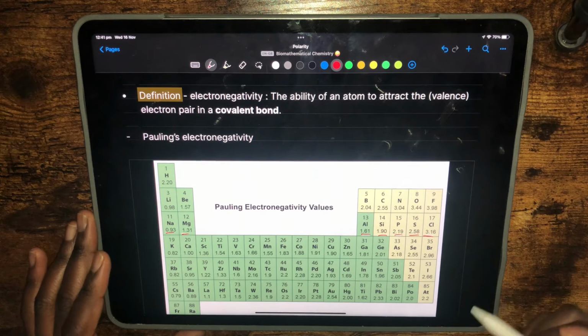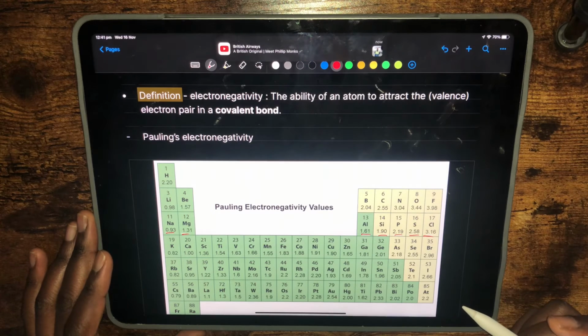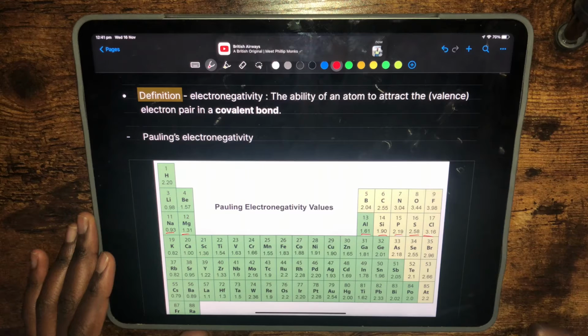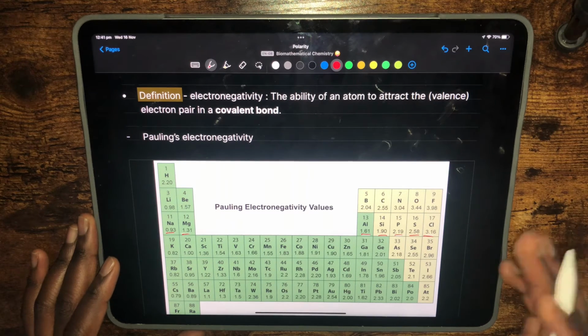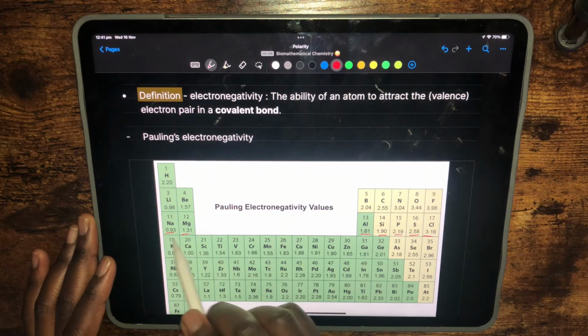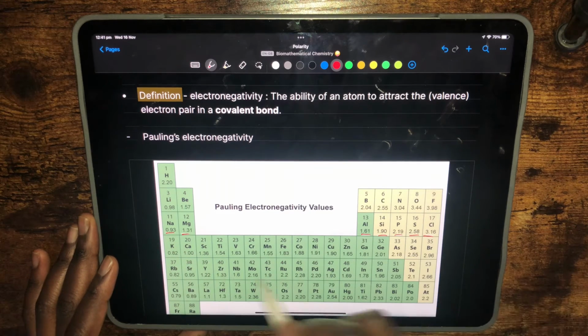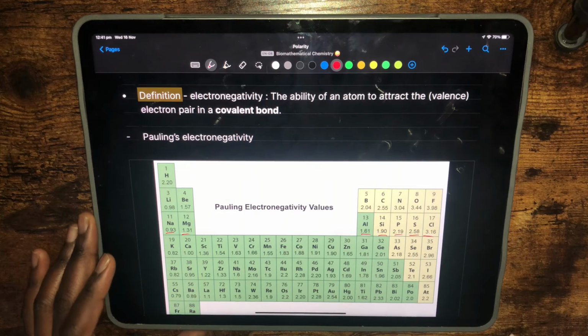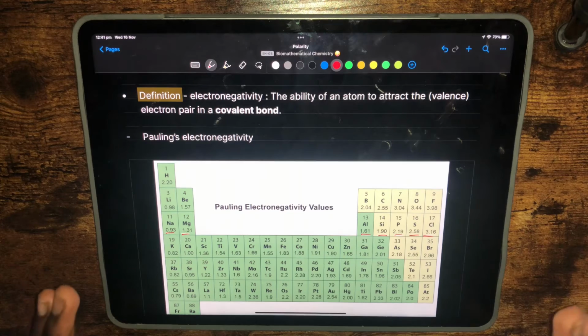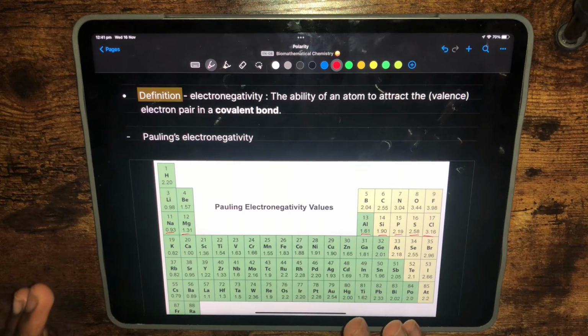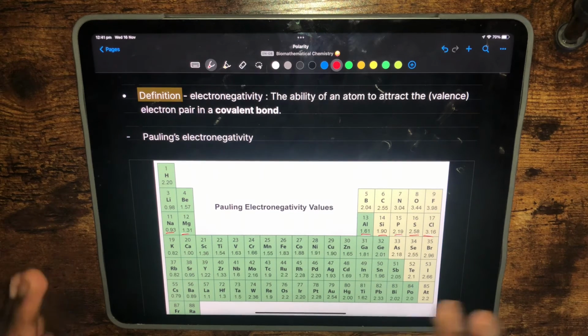Therefore, as you go across the period, electronegativity would increase because there's a stronger electrostatic attraction between the nucleus of the atom and an outermost electron or an electron pair. As you go across the period, the atoms would have a stronger electrostatic attraction between the nucleus and the outermost electron because the nuclear charge is higher and electron shielding is relatively the same.